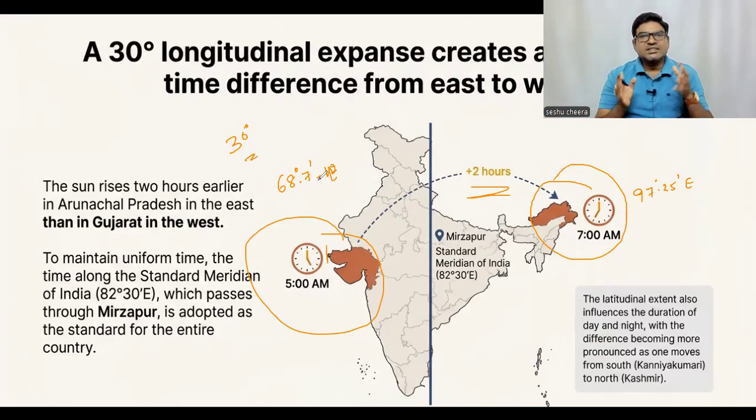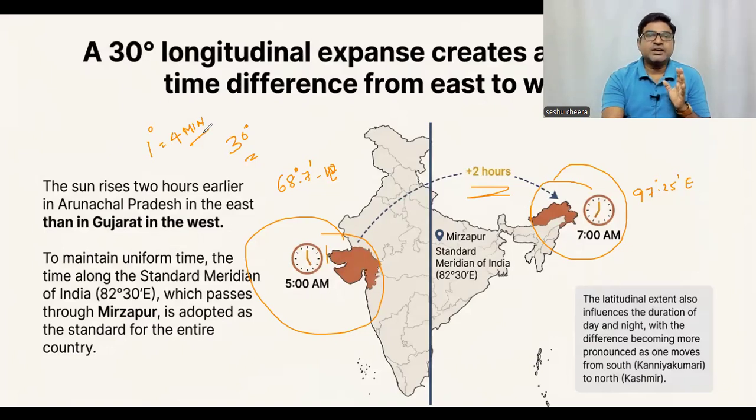Now, what is this 30 degrees of difference that we have? For the Earth, when we measure, for every 1 degree, it takes 4 minutes to cross from one degree to another.